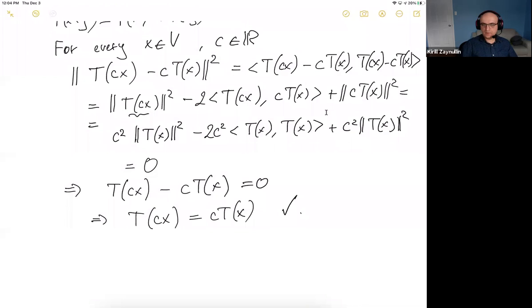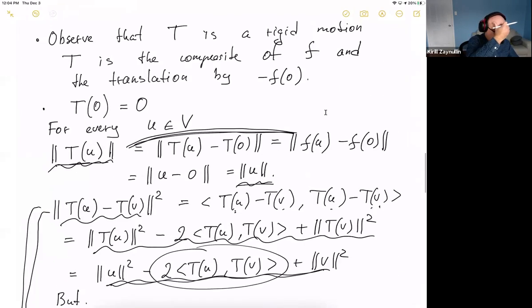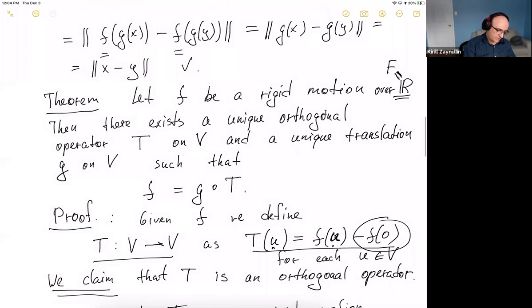Okay, so maybe the last step: if I go back to the theorem, let me also mention that there's one extra important statement, that we must have a unique orthogonal operator. So this orthogonal operator has to be unique in this representation, as well as the translation.